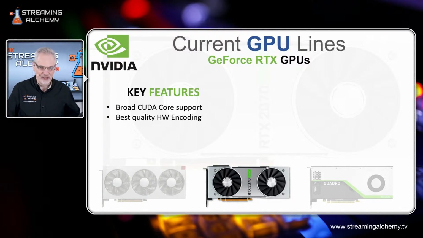So the other thing is NVENC and NVDEC are really good quality, certainly at higher bit rates. You may find that Quick Sync on the Intel lineup as a hardware software decoder may work better at lower bandwidths, like really low bandwidth.